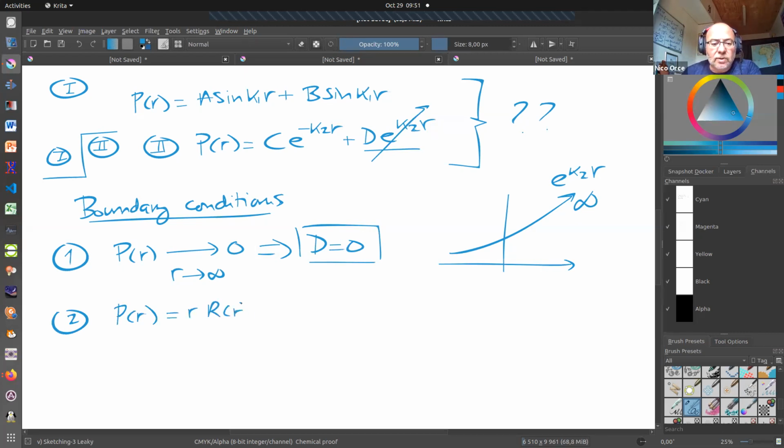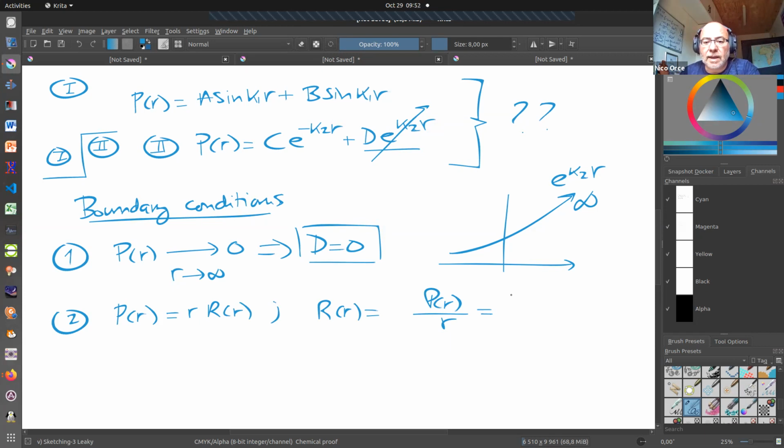And this is going to be very important now, because in this case, R(r) is going to be equal to P(r) over r. So let's investigate what the sine will do.